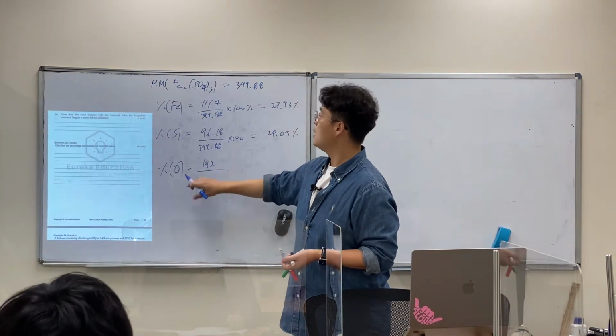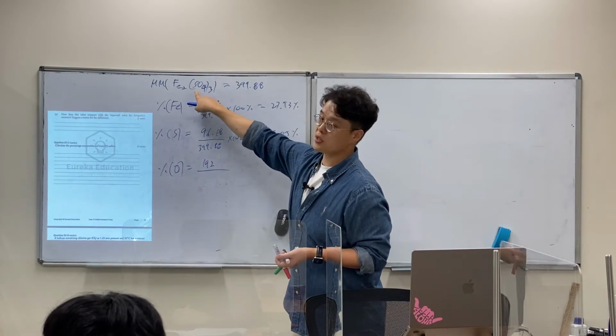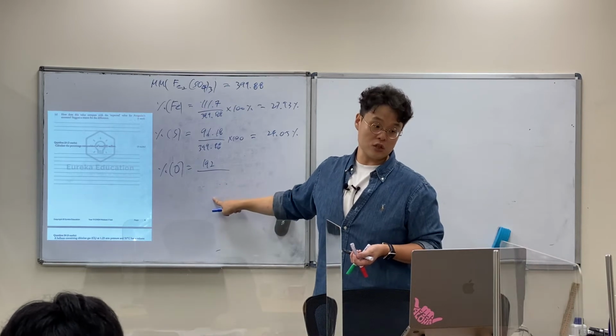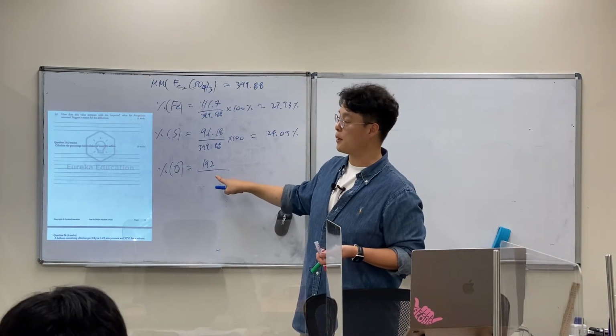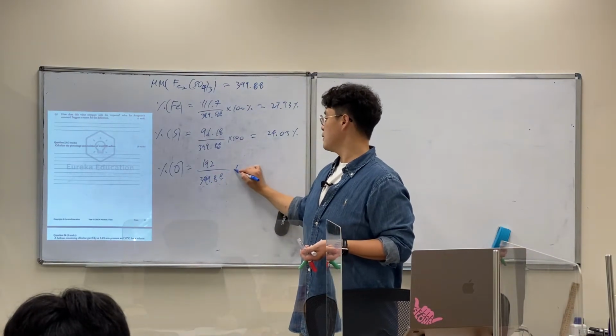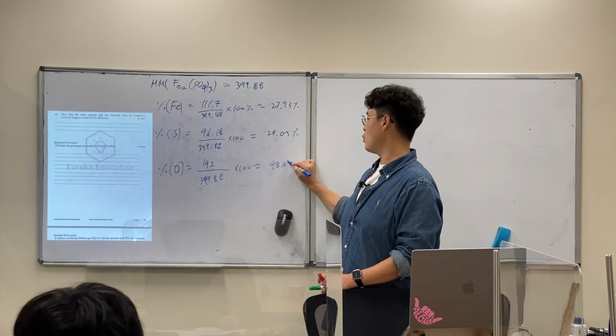For oxygen, we have 4 oxygen attached to each sulfur, so there'll be 12. 12 times 16 is 192, the total molar mass of oxygen, divided by 399.88 times 100, then you should get 48.01%.